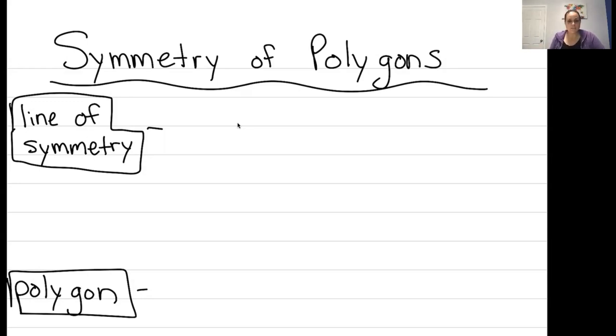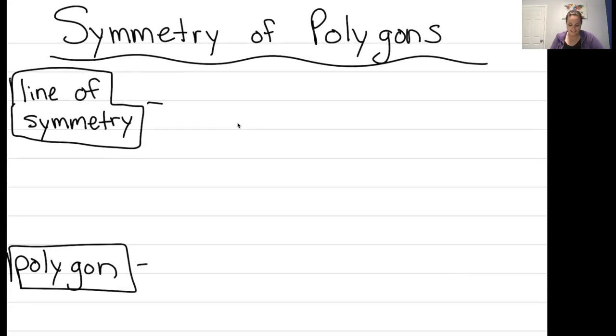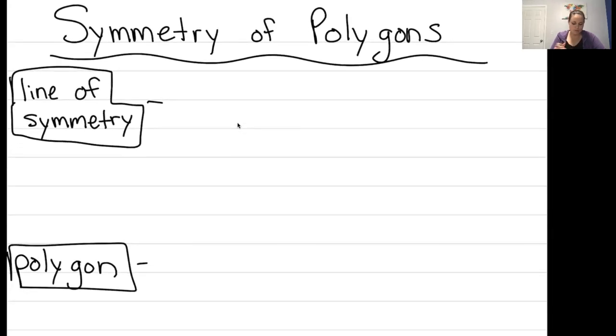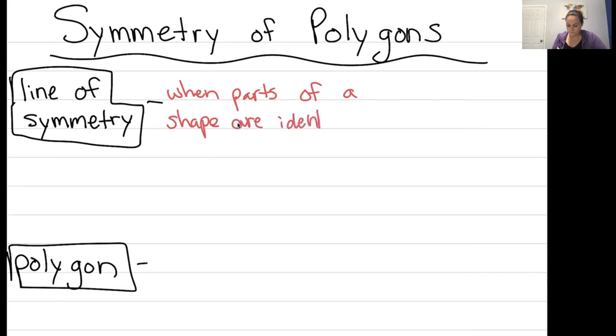All right, so looking at symmetry of polygons, we have to break down what this means first. The first term that we're looking at is line of symmetry. When we're talking about symmetry, usually there is a line of symmetry. And what that means is a line of symmetry is when parts of a shape are identical, or the same.